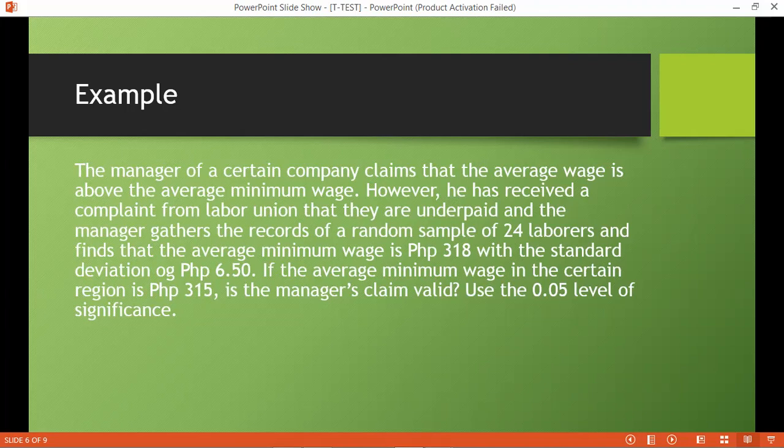If the average minimum wage in the certain region is 315 pesos, is the manager's claim valid? Use 0.05 level of significance. All right, so mag-start na tayo ng solving.